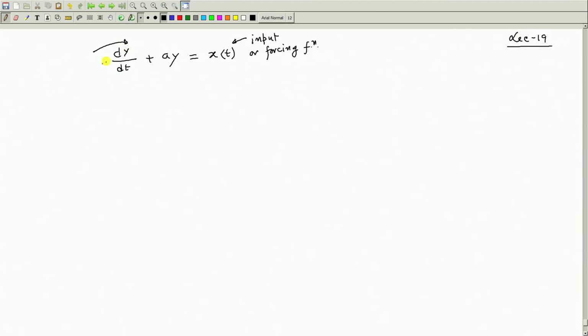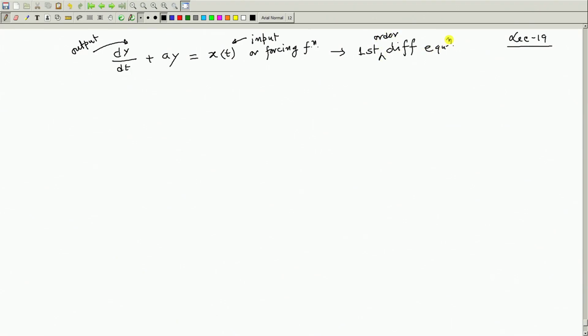So, this y(t) is the output we are interested in. So, we have formed a differential equation. This is a first order differential equation.